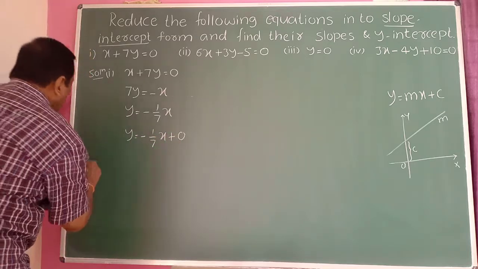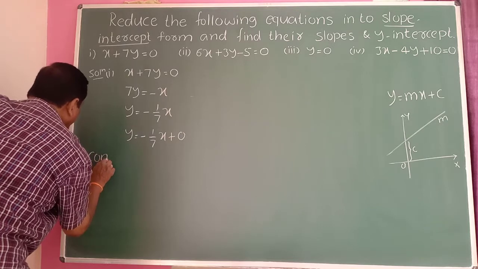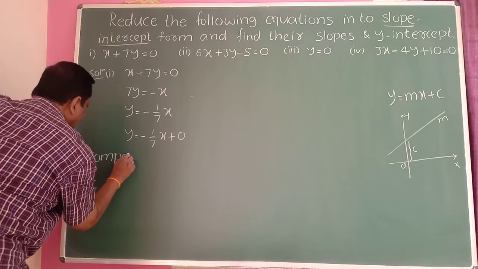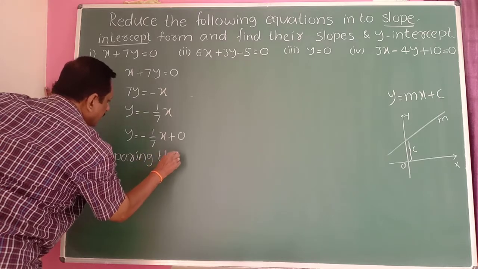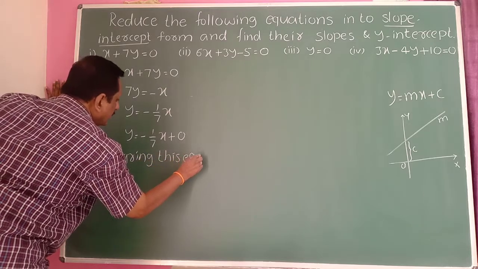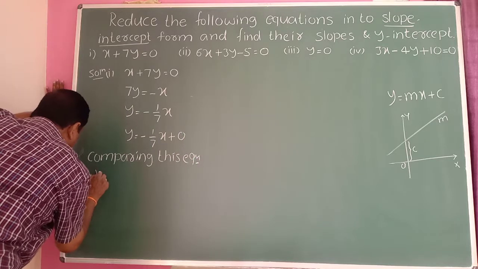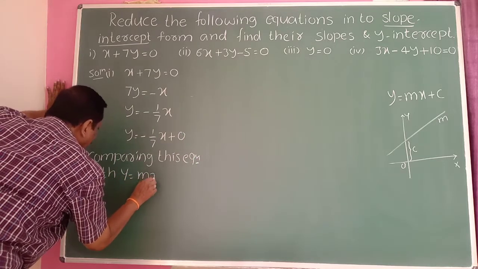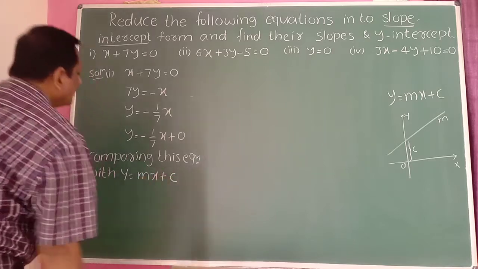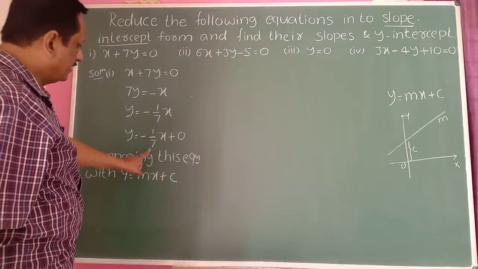Comparing this equation with y is equal to mx plus c, therefore m is equal to minus 1 by 7.